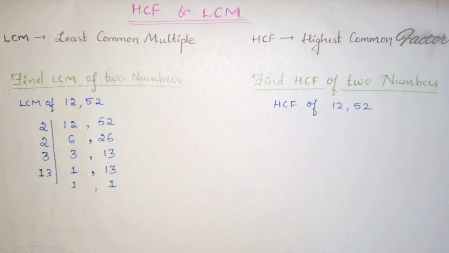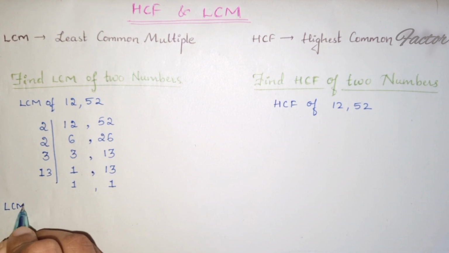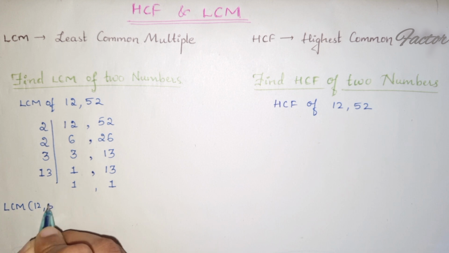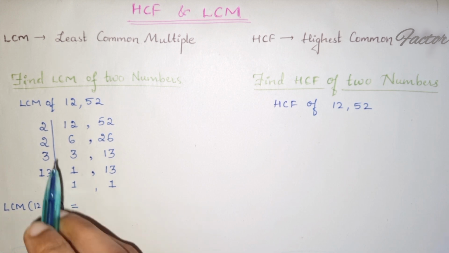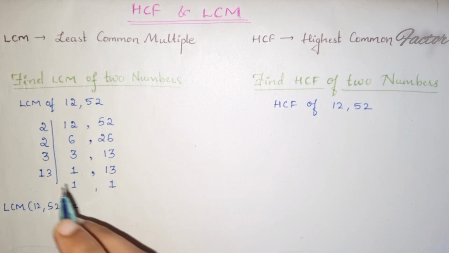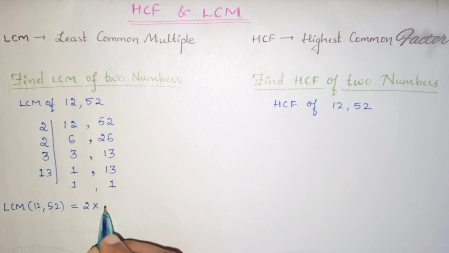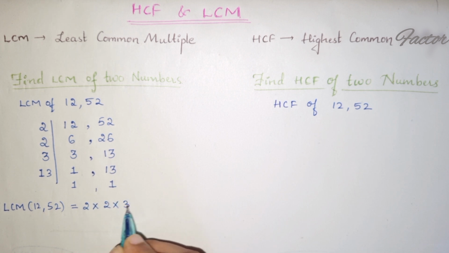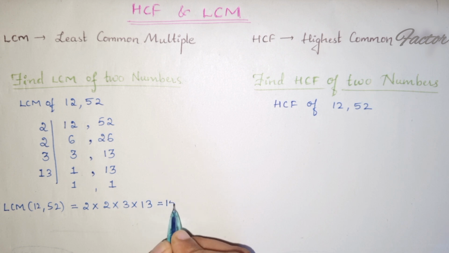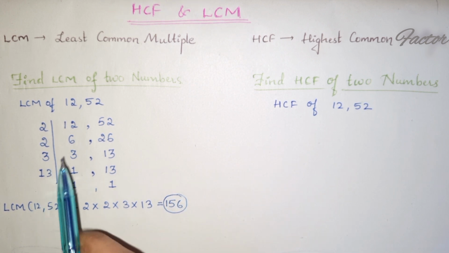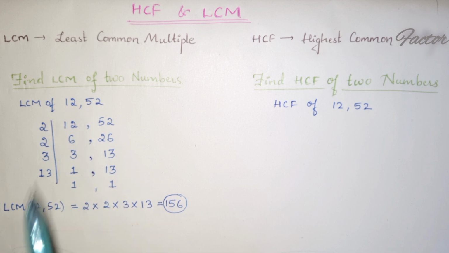So this is how we need to factorize it. So the LCM of 12 and 52 is, we need to multiply all these numbers: 2 into 2 into 3 into 13. So you'll get 156. So 156 is your LCM of 12 and 52.